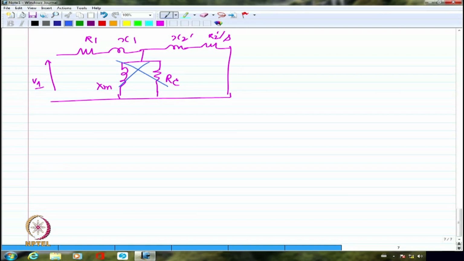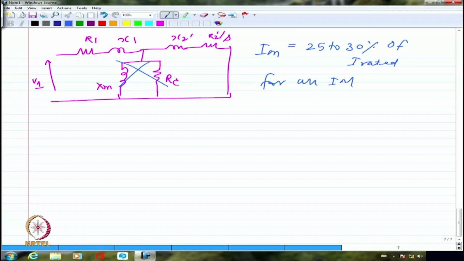Whereas in an induction motor, the magnetizing current is generally almost 25 to 30% of I rated. In the case of a transformer, Im is only less than 5% of I rated.